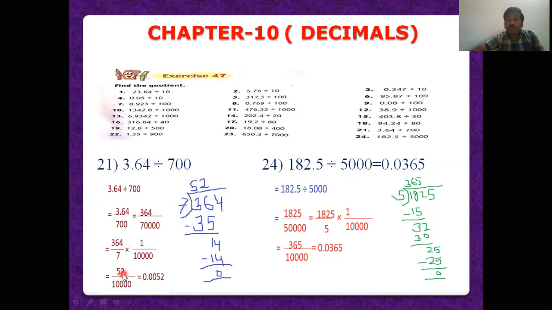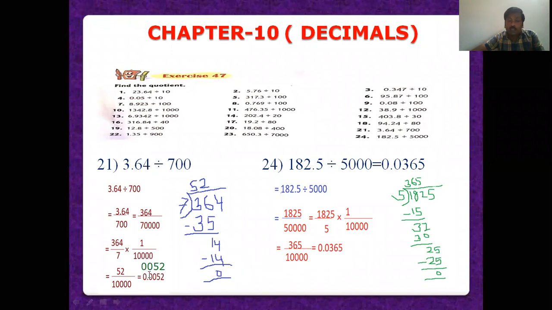And count the number of zeros, 1, 2, 3 and the 4. Insert the decimal point after the four digits from the right side. But here are only two digits. Then to make the 4 digits, we will write it in this way. We can write 0052.